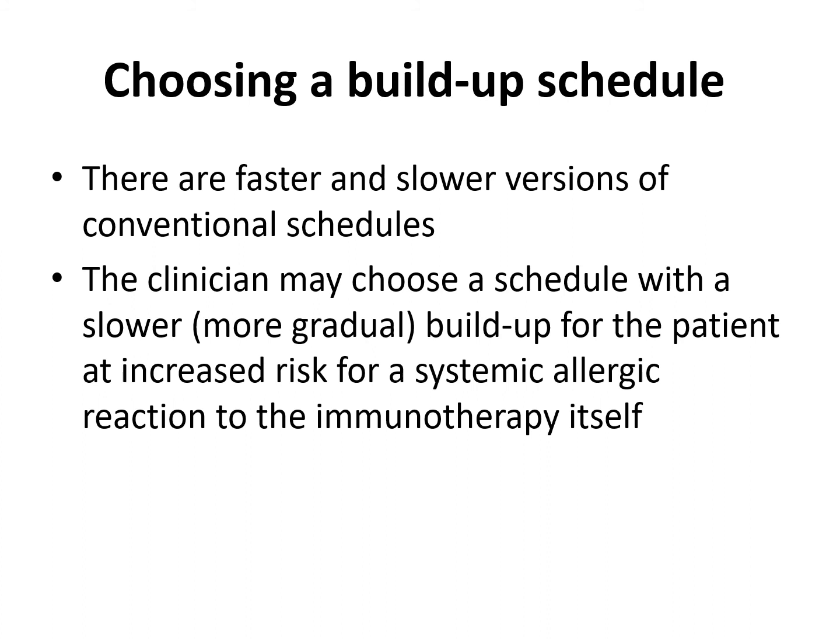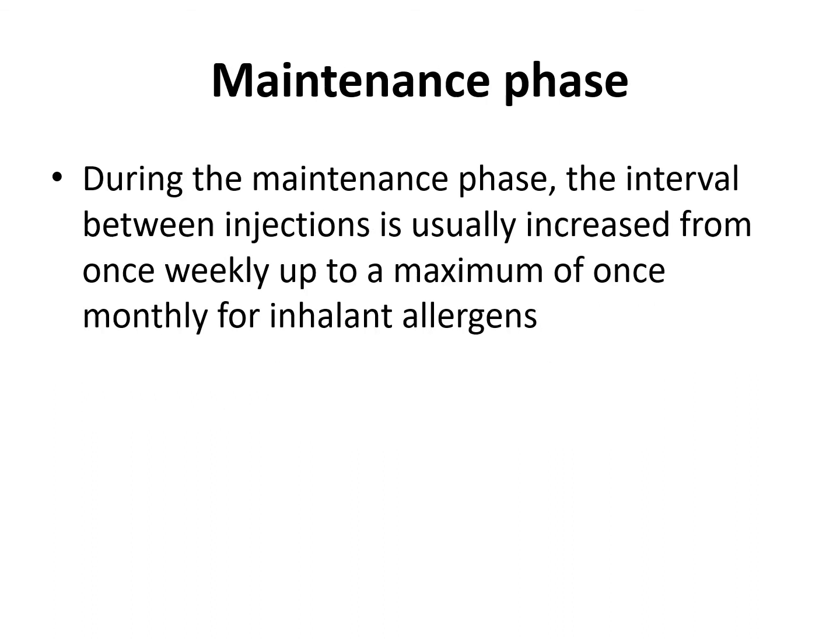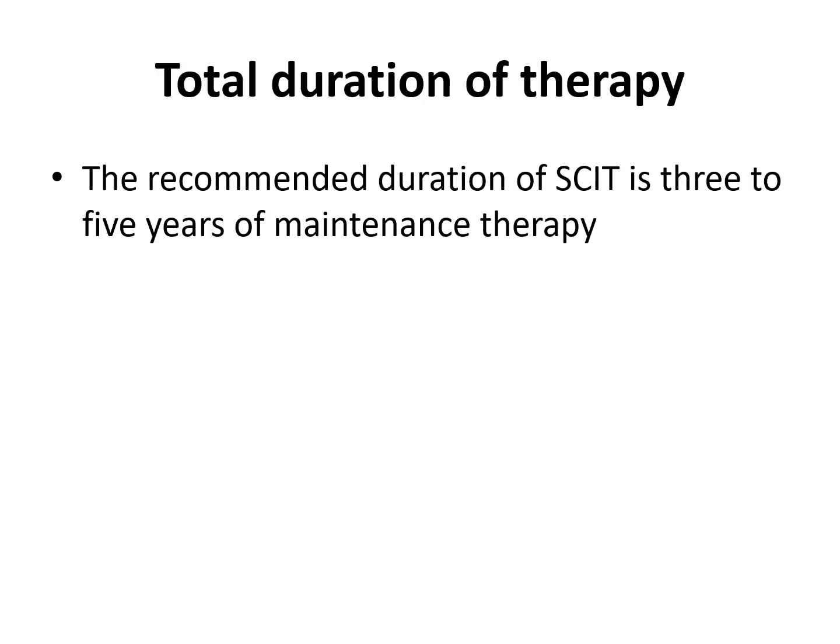Whereas if the chance of adverse reactions is less, we can proceed faster. During the maintenance phase, the interval between injections is usually increased from once weekly up to a maximum of once monthly for inhaled allergens. The recommended duration of subcutaneous immunotherapy is 3 to 5 years of maintenance.